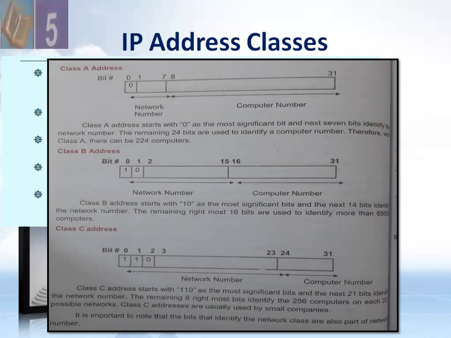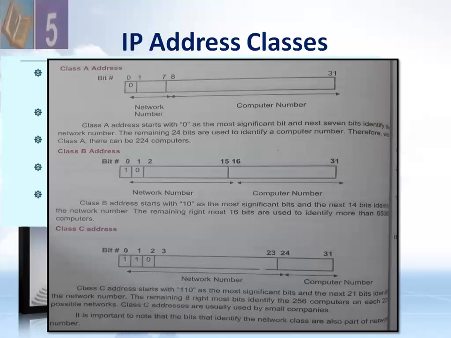The remaining 24 bits are used to identify a computer number. Therefore, with class A, there can be 2^24 computers. So the lowest value is 0 and the highest is 2^24. Maximum number of computers which we can attach is 255. Its range is 255.